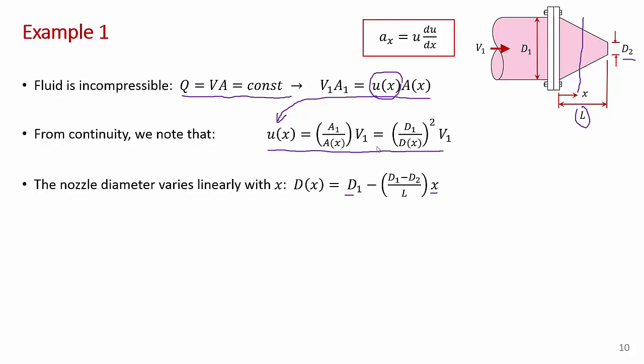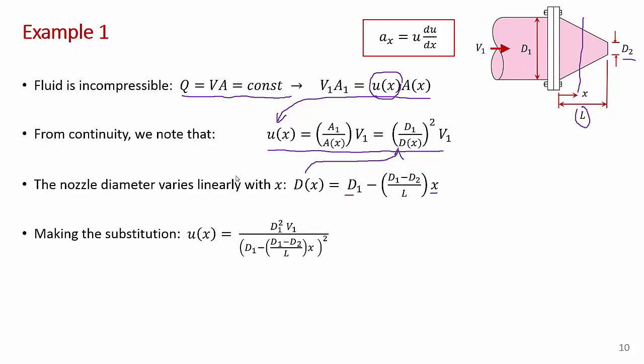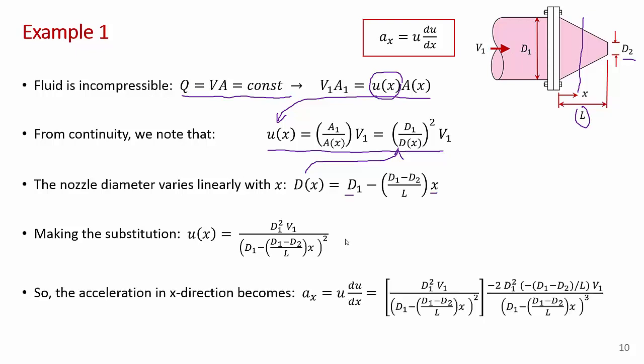So now what I'm going to do is substitute this expression for the diameter into the expression for velocity. And that's what's been done in this next equation. So now we can actually start to evaluate our acceleration because we showed that the acceleration was only convective in the x direction and it's u du/dx.